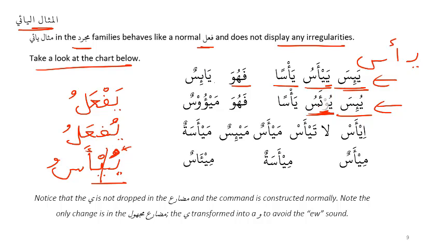So yu'asu is the majhul form. And then ya'san, the masdar, is the same. Fahuwa, and then this is the maf'ul, so it will take on the form maf'ulun. Maf'ulun, may'usun. Do you see any issue here, or is this just the way you would expect it?